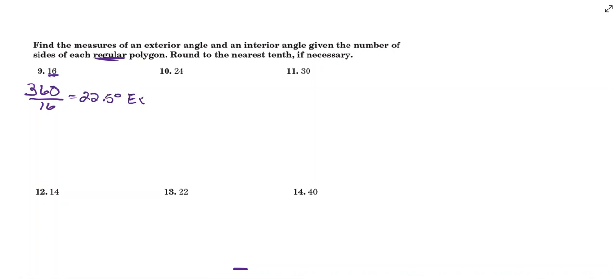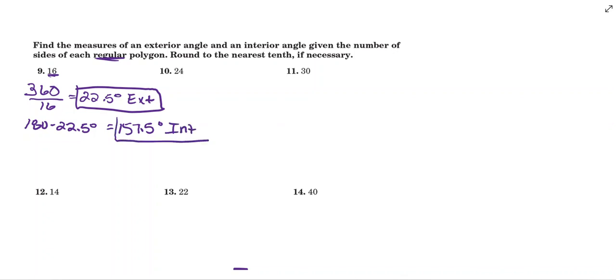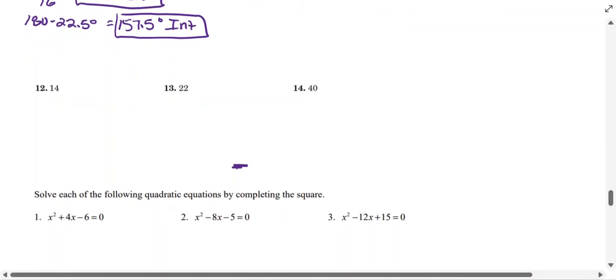And this is the exterior angle. To find the interior angle, you would do 180 minus 22.5 degrees, and you would have 157.5 degrees as your interior angle. And that's how you're going to do problems 9 through 14.